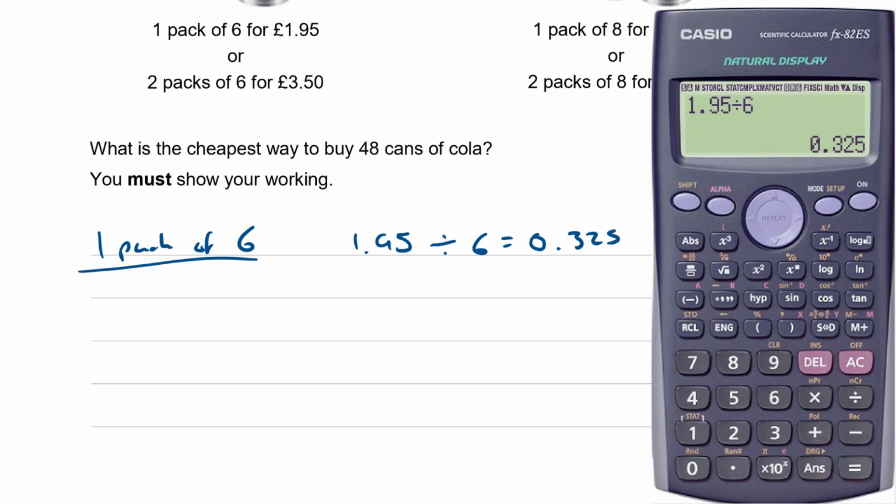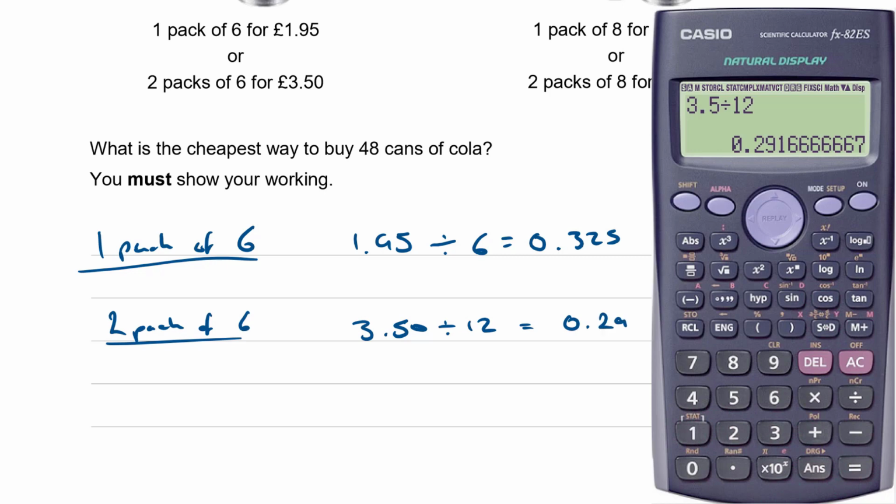So that's the cost of 1 can. Then we've got 2 packs of 6, so that's £3.50. So 2 packs of 6 would be 12 cans, and £3.50 divided by 12 gives me a unit price of 0.292, rounded off to 3 significant figures.